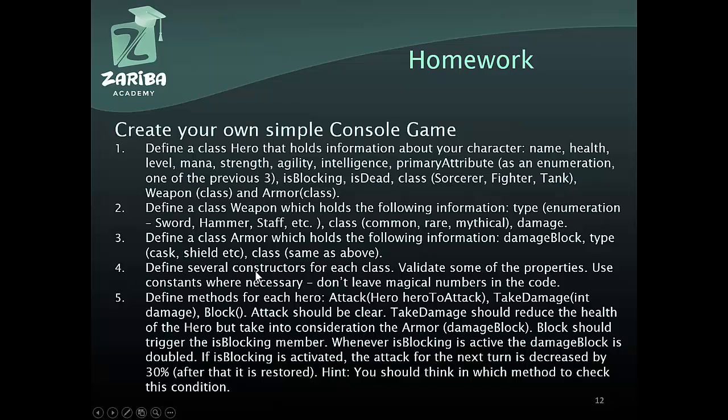Okay, so here are some requirements. So several constructors for each class. Validate some of the properties that you think they need validation of. The others you can do with automatic properties. Okay, don't leave magical numbers in the code, and normally I'll be looking at quality code.